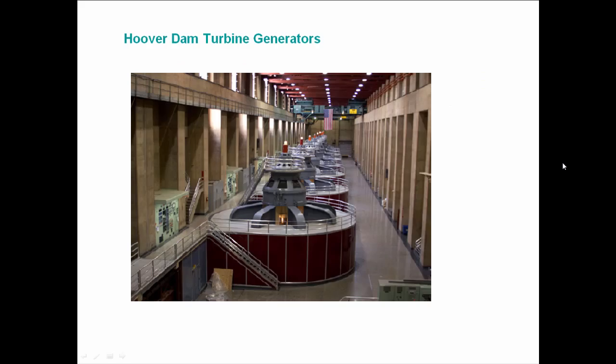So here are these turbine generators. Even though we're post 9/11, the Department of Reclamation that runs Hoover Dam actually has guided tours where you can go down and see various features of the dam. Right here we're deep inside the bowels of the dam, and we see these turbine generators.